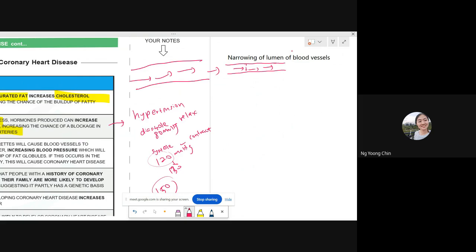But the blood will be pumped under a much higher pressure because the lumen is already narrow. So they are pressing toward the blood flowing through them. So this is not good. By this way, you increase the blood pressure. But actually, this is not good. So what will happen is, first, you are narrowing the lumen of your blood vessel. Secondly, the worst condition is if you have a blood clot.